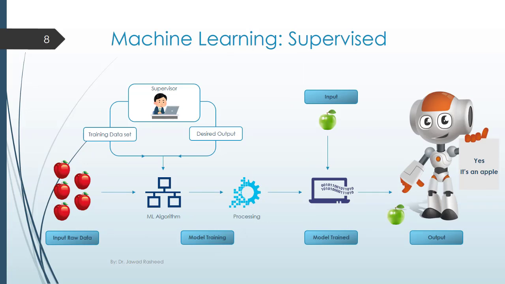And that supervisor is telling the machine, hold on, you predicted wrong, you are not training well, because the expected output should be apple, but you are not predicting an apple, so your prediction is wrong. So the supervisor keeps checking, and if the desired output is not according to what was obtained, then obviously it will train the algorithm again.